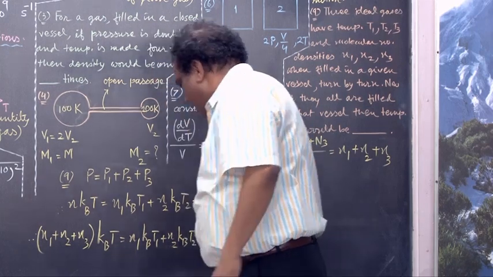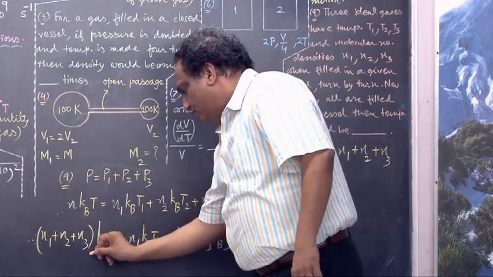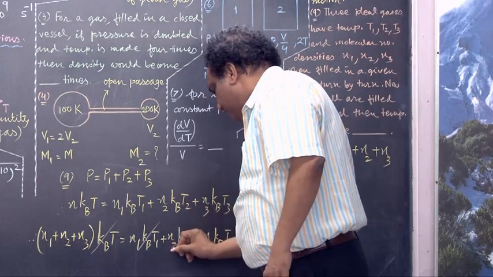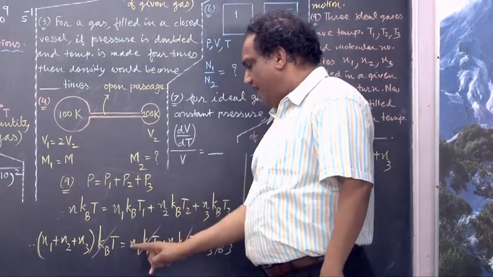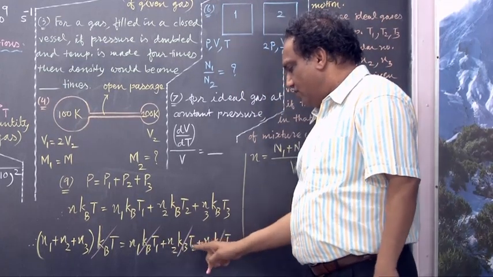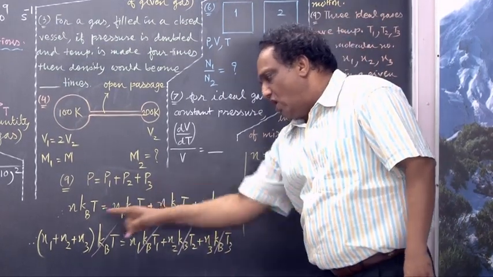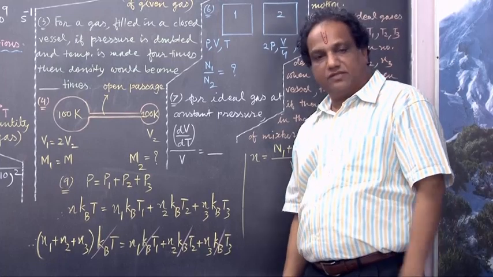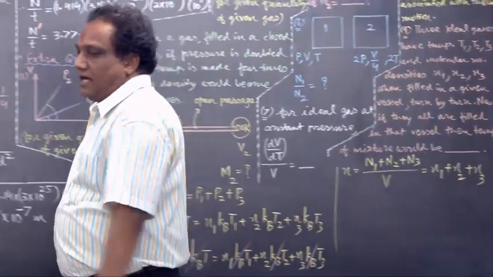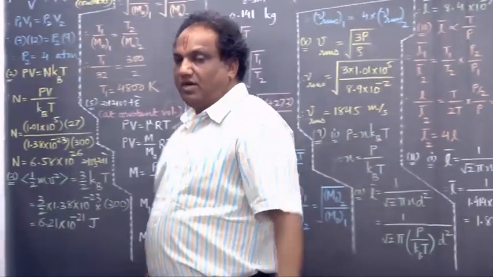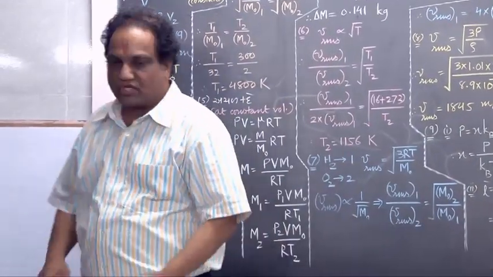Throughout the equation, what can you cancel? kB, the Boltzmann constant, gets cancelled. And now find out T. It will be n1 T1 plus n2 T2 plus n3 T3 upon n1 plus n2 plus n3. Right. Lastly, you make capital T the subject of the equation, which is the temperature of the mixture.